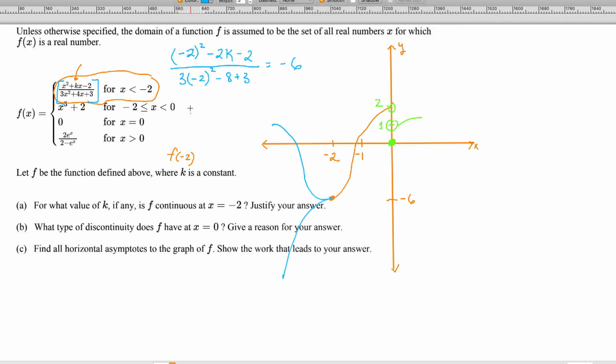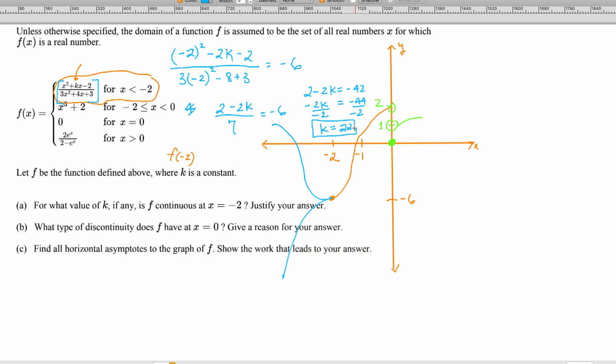So let's see what I get. 4 minus 2 is 2, so 2 minus 2k, over 12 minus 8 is 4, plus 3 is 7, equals -6. Then I multiply by 7, and I get 2 minus 2k equals -42. I subtract 2 on both sides, and I get -44 equals 2k. Hopefully I did my arithmetic correctly, but if not, this is just the general theory. K equals positive 22.